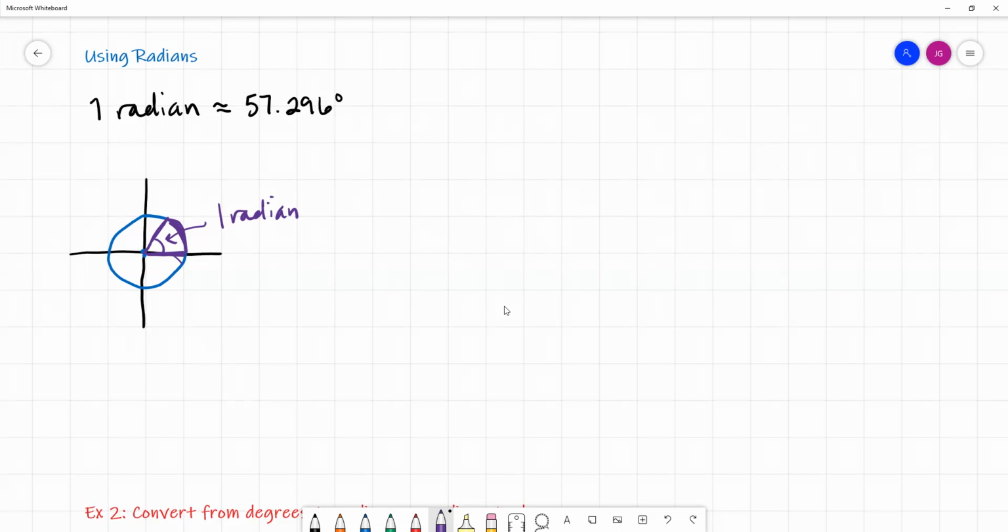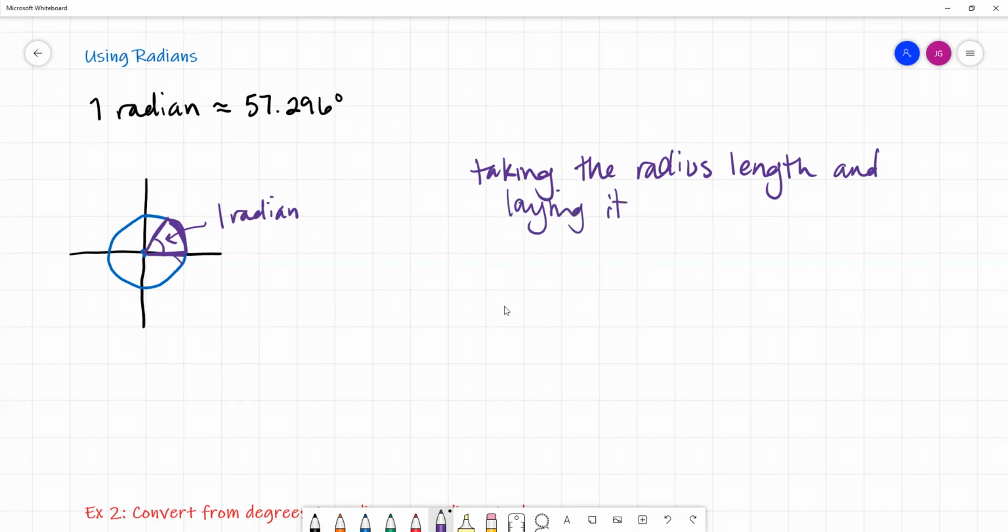Let's explain what we just did: taking the radius length, so imagine putting a string there and cutting it just right so it's exactly that distance, and laying it on the circumference of the circle.